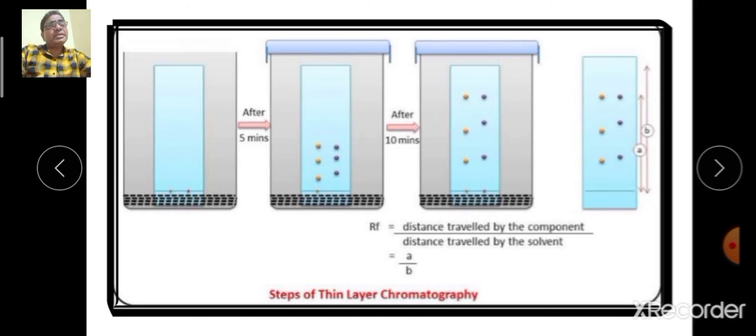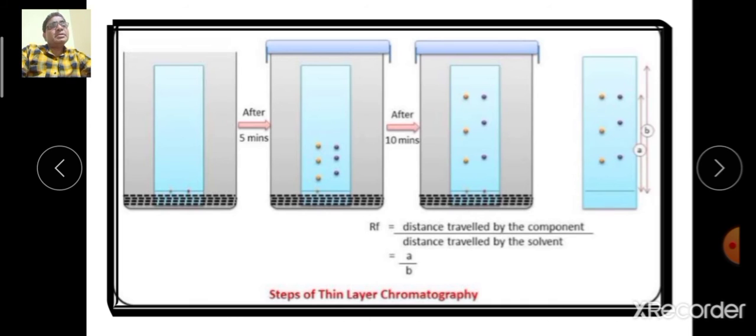Finally, the distances traveled by the components from the line of application are measured. Also, the distance traveled by the solvent front is measured, and the ratio of these distances is calculated as the RF value.